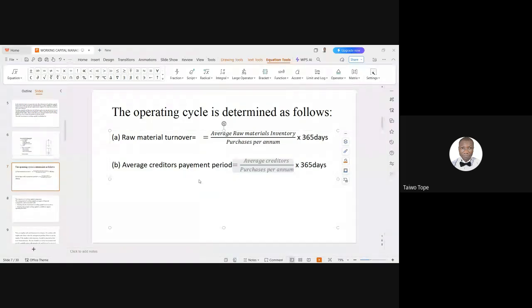We can look at the issue of work in progress likewise. That is period of production with particular reference to work in progress. Or we can say production cycle. Production cycle, that is period of production or work in progress. So for you to determine the period of production, that is work in progress, what will you do?